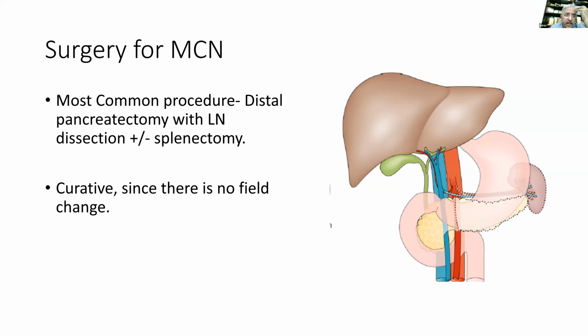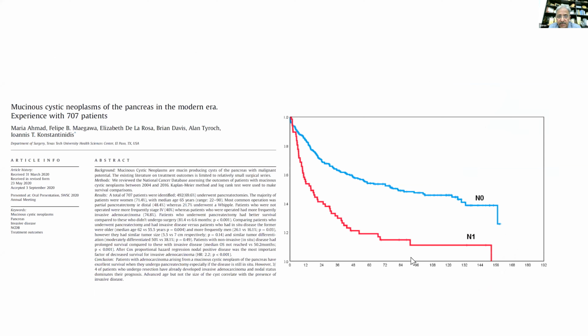It's very important because if you have lymph node involvement, the survival is very much lower, especially if malignant transformation has happened. So this is why mucinous cystadenomas are perhaps best treated fairly energetically rather than sitting on them for a long period. If you have lymph node positive disease, you have a 16-month survival, whereas it's 81 months in the lymph node negative patients.